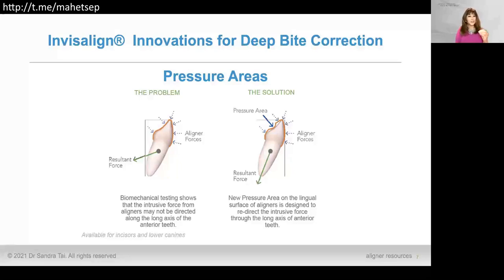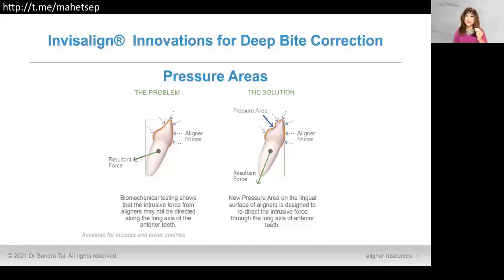However, many clinicians like you and me who have been treating deep bite patients for many years have realized there's still an issue with correcting deep bites. This is because biomechanical testing showed that the intrusive force from the aligners may not be directed along the long axis of the anterior teeth.